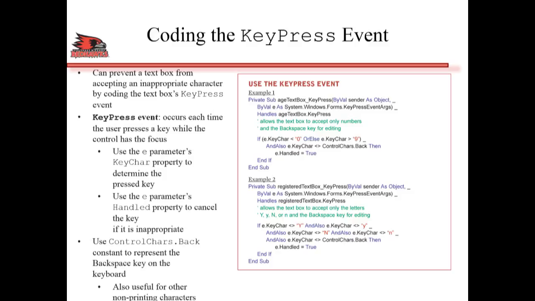Another way of doing it is, instead of all these, you could have said if e.keychar.ToUpper is not equal to y and not equal to n, and then you would not have all these ands, but this still works. So this is another way of doing it, just a longer way.